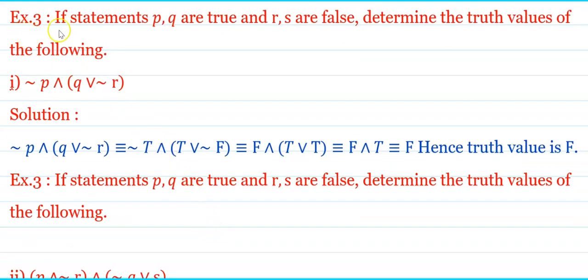Next question number 3. If statements P, Q are true, R, S are false, determine the truth values of the following. Solution.